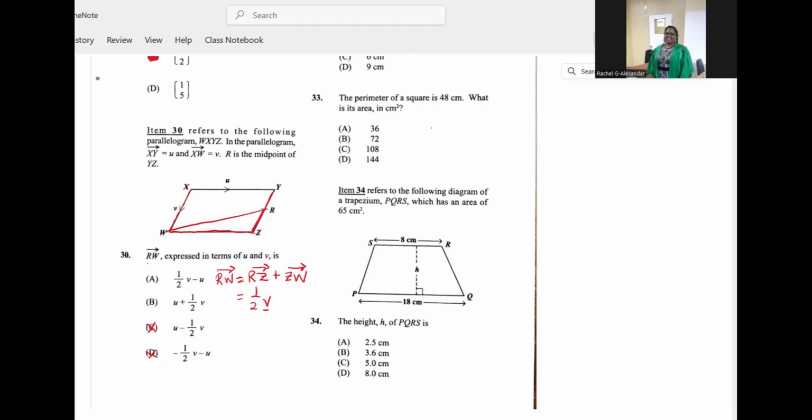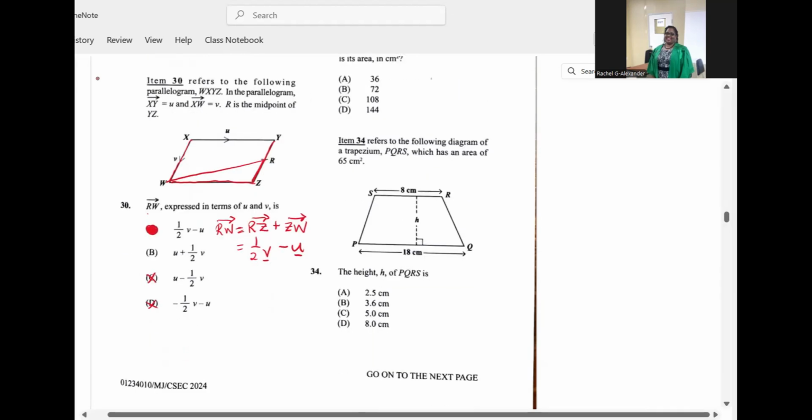So to put negative U. So which one has the negative U in it with the half V? That will be A.